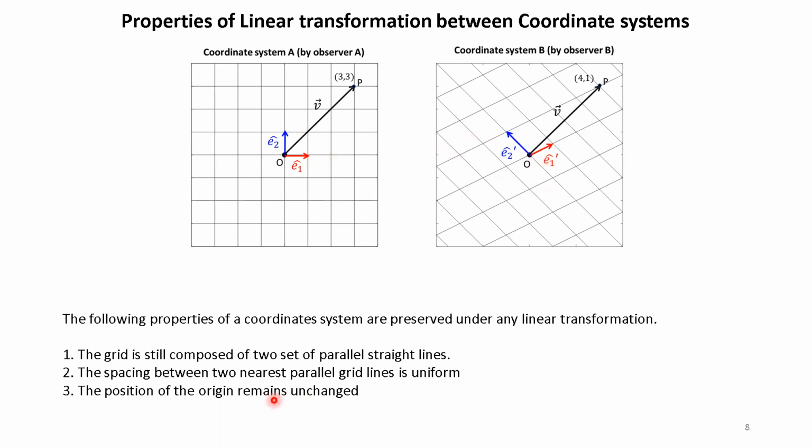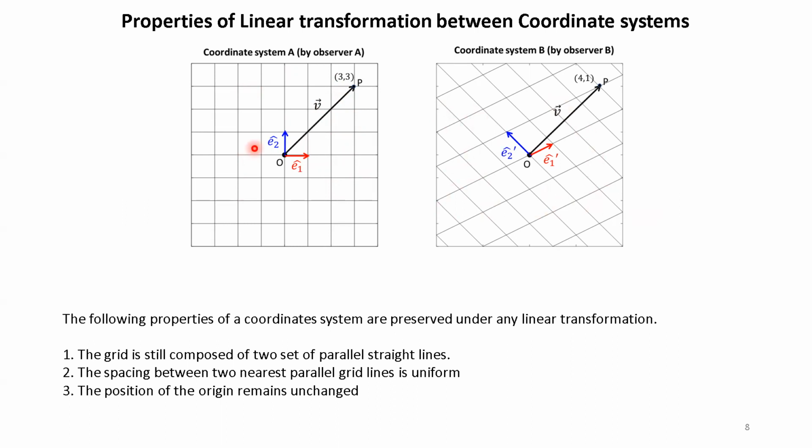And also the position of the origin will remain unchanged. So geometrically, you can think of it as taking the grid and stretching it, but the stretch has to be uniform, and you can also rotate it, but at the end you cannot bend the grid lines themselves. They are still all parallel straight lines.